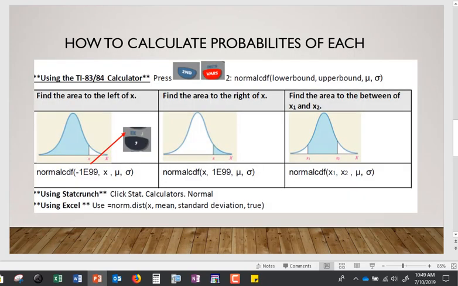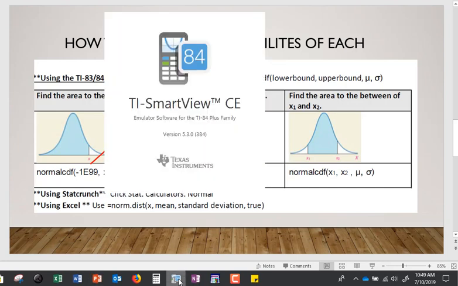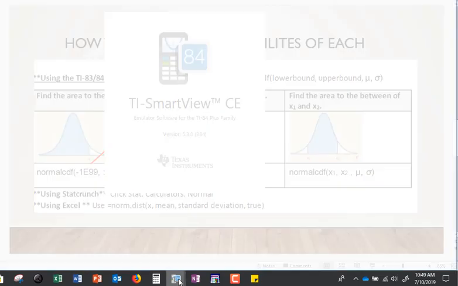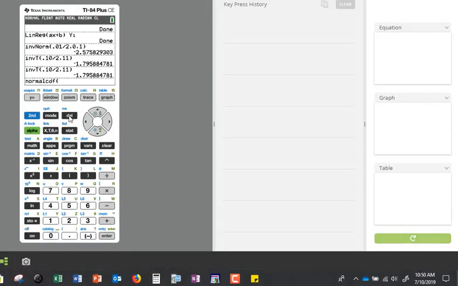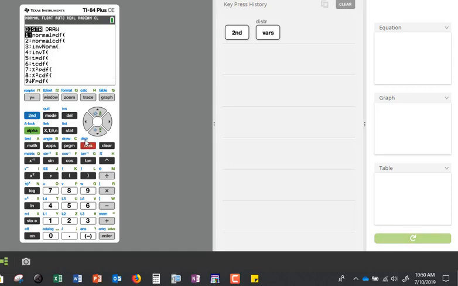Next, how do we calculate probabilities? These are the techniques that you use to calculate a normal distribution. So if you're a calculator person, you go under second and then vars, which is distributions, and you choose normal CDF.